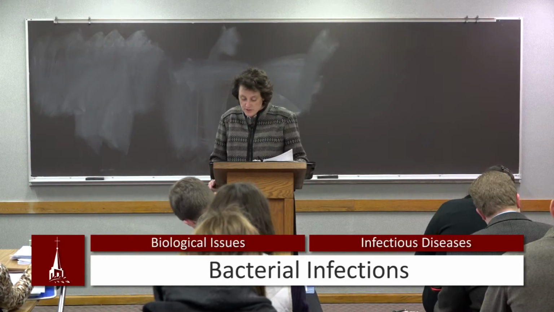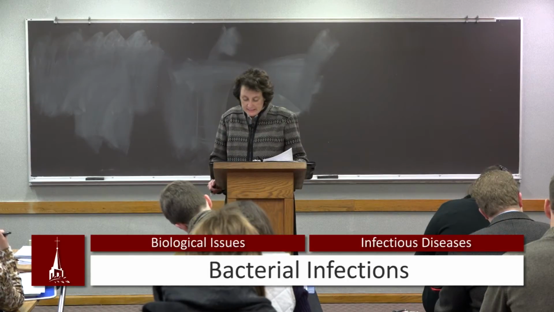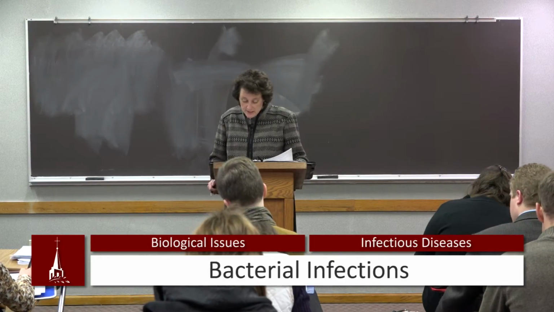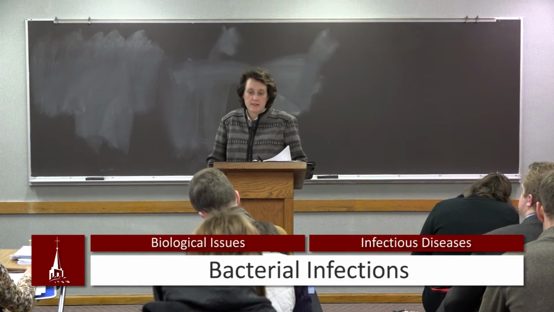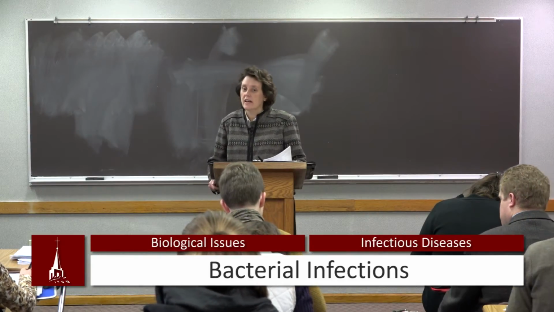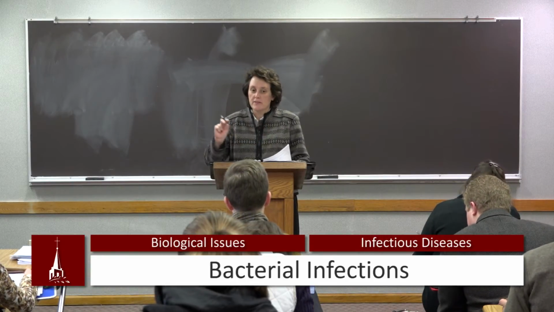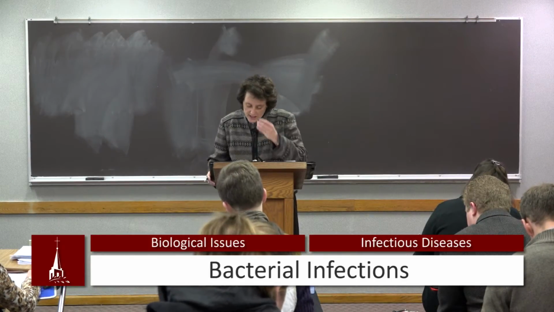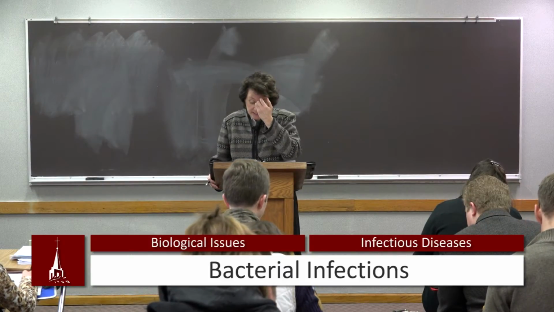There are exceptions. You'll notice that leprosy is a bacterial infection of the skin. Lyme disease is caused by a spirochete, a spiral-shaped bacteria. That requires an insect to transmit it. Those insects are called vectors when they carry disease and transmit it to a third organism. So we've got the route of infection. Most of the time it's going to be inhaled or eaten.